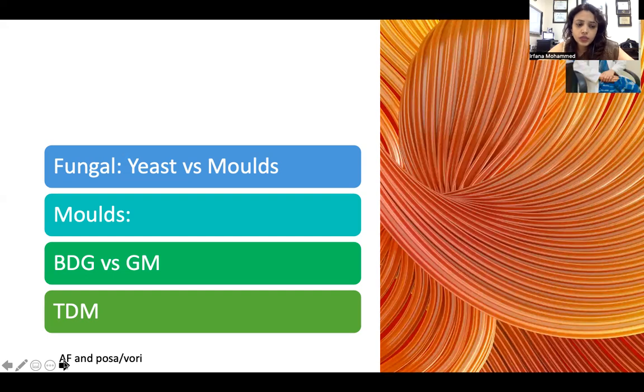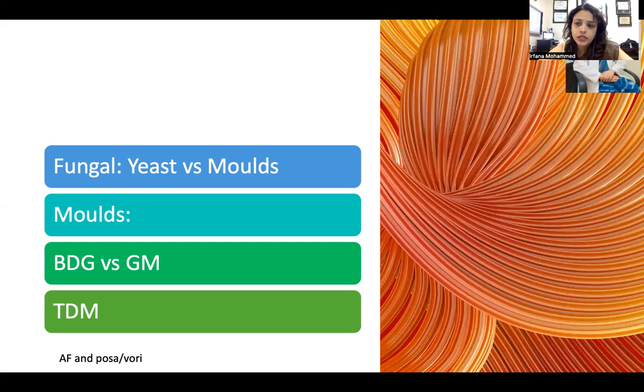If we are giving it with other chemotherapy medication, there will be a lot of drug interaction and there can be underdosing or overdosing because of the polymorphisms and drug interactions.